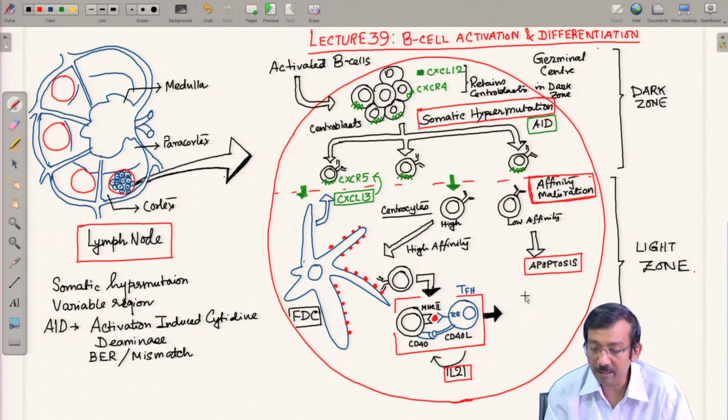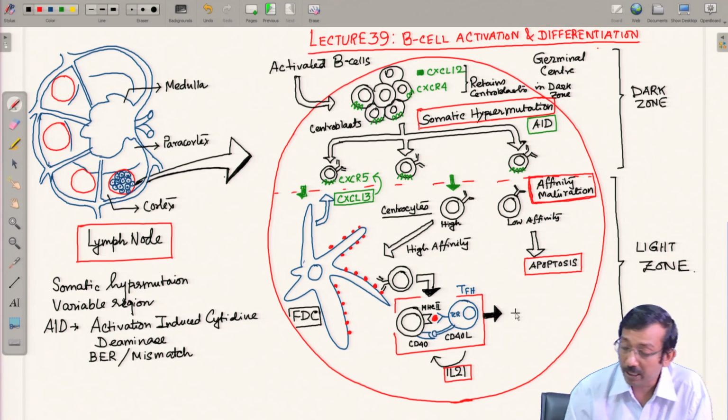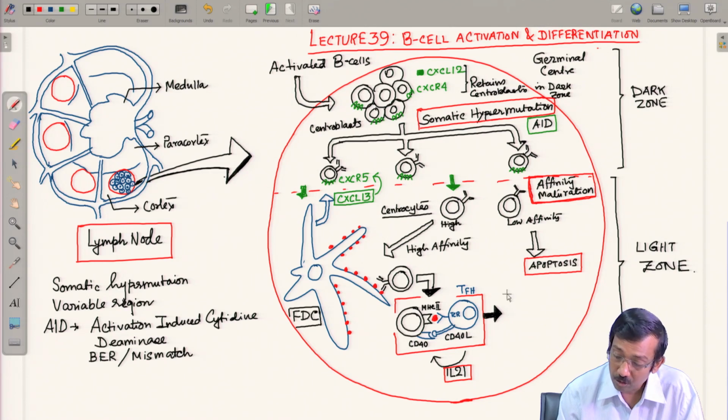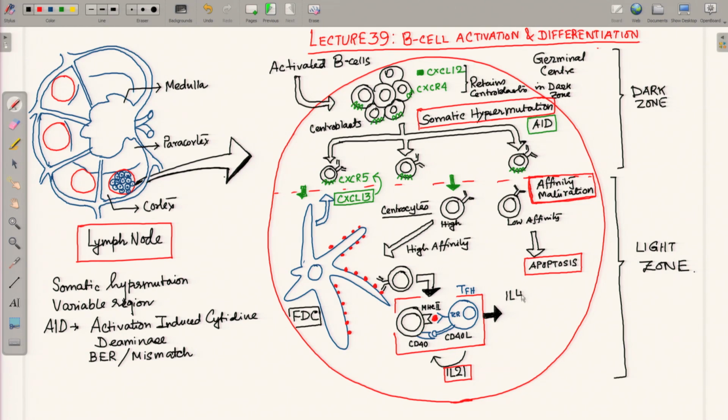This is being governed by the types of different cytokines that are being produced from them. For example, they will produce interleukin 4, you will get a more detailed idea about this. Different cytokines will preferentially induce the switching to different types of isotypes.